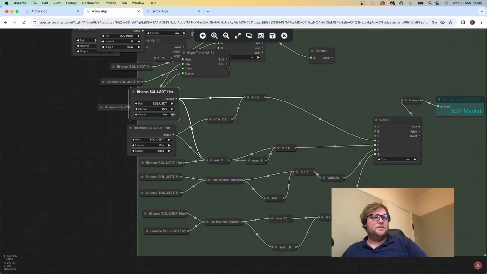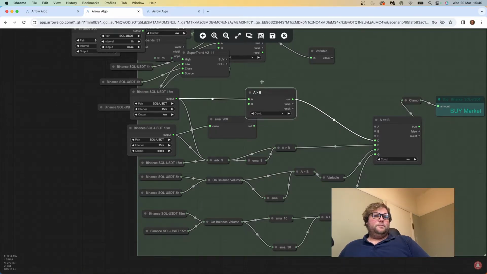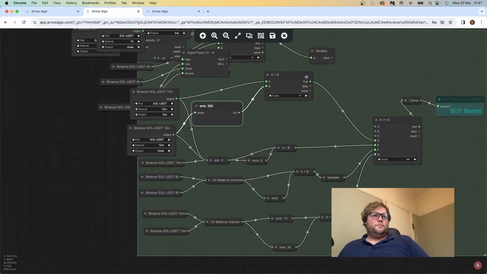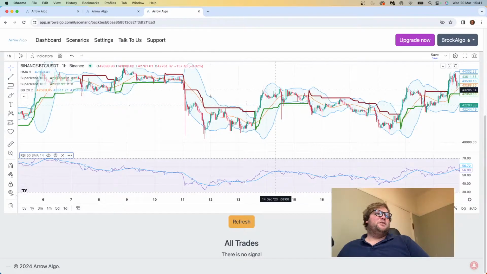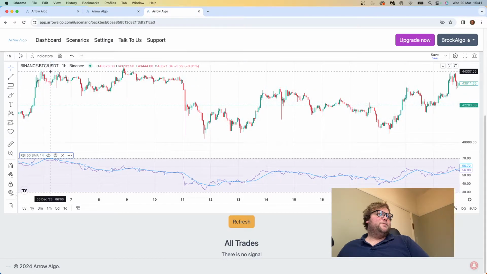So for condition number 4, we're looking back to the 15-minute charts. We're looking at a low and a closing price. And we're checking whether the low price is above the 200-part moving average of the closing price. So again, this is another way of checking generally the trend is in a bullish condition.